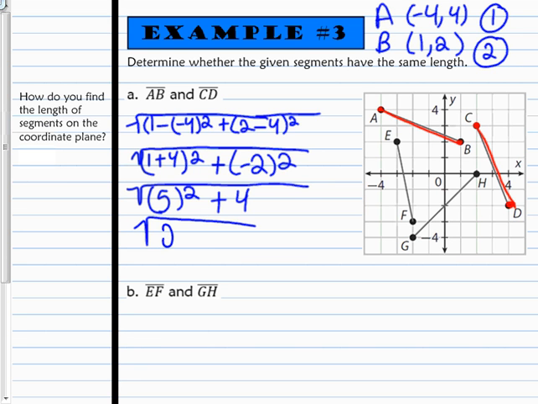Square root of 25 plus 4, square root of 29. So AB is the square root of 29. And I cannot make the square root of 29 any simpler because 29 is a prime number. So now I have found the distance between A and B, or the length of AB.